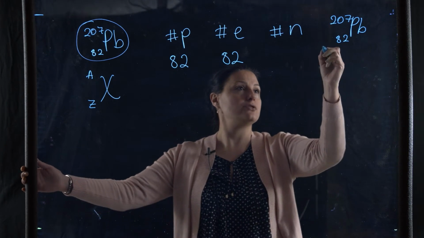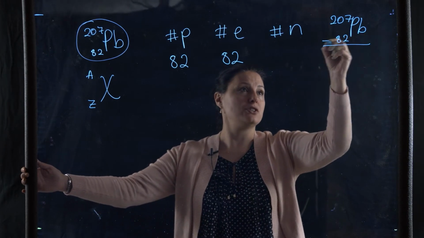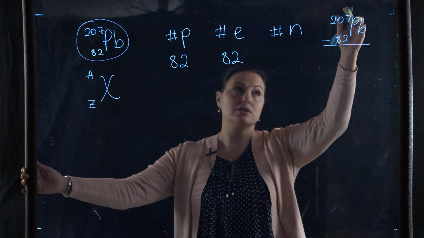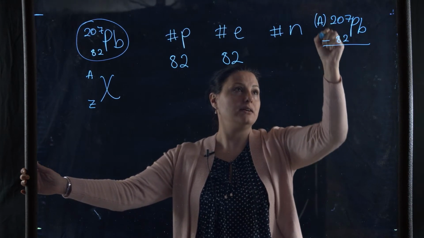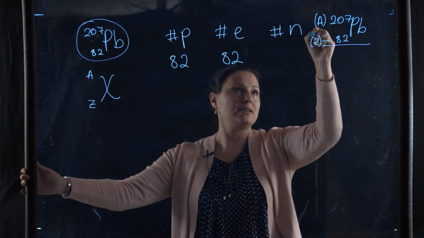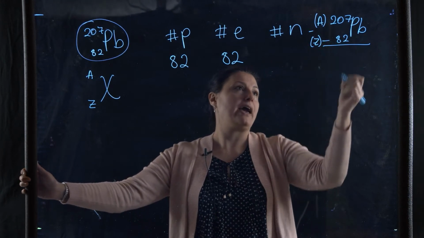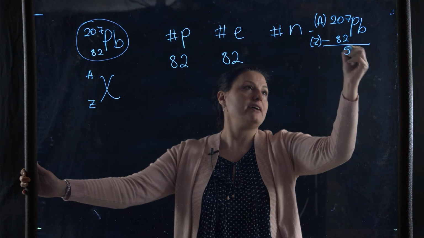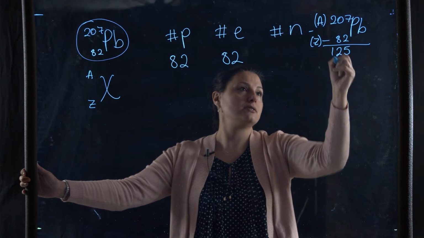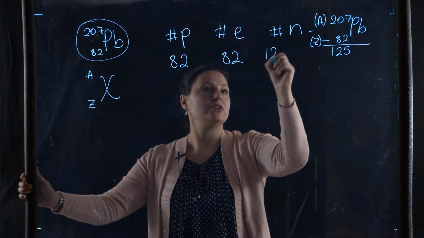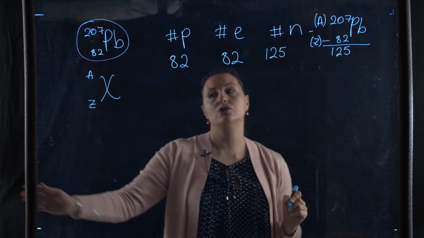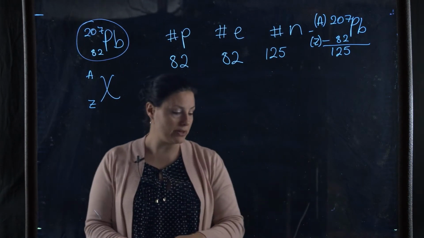Therefore, the easiest way to do this, if you write it in this notation, is just to do the difference between the top number and the bottom number. This is A, and this is Z. So you're subtracting Z from A. 7 minus 2 is 5, 0 minus 8 with borrowing gives 2, and 2 minus 1 is 1. So lead would have 125 neutrons.